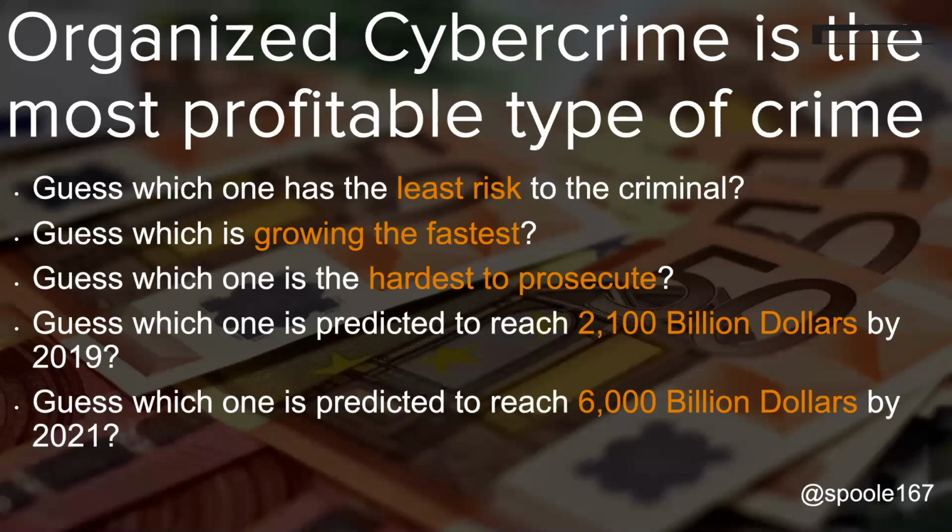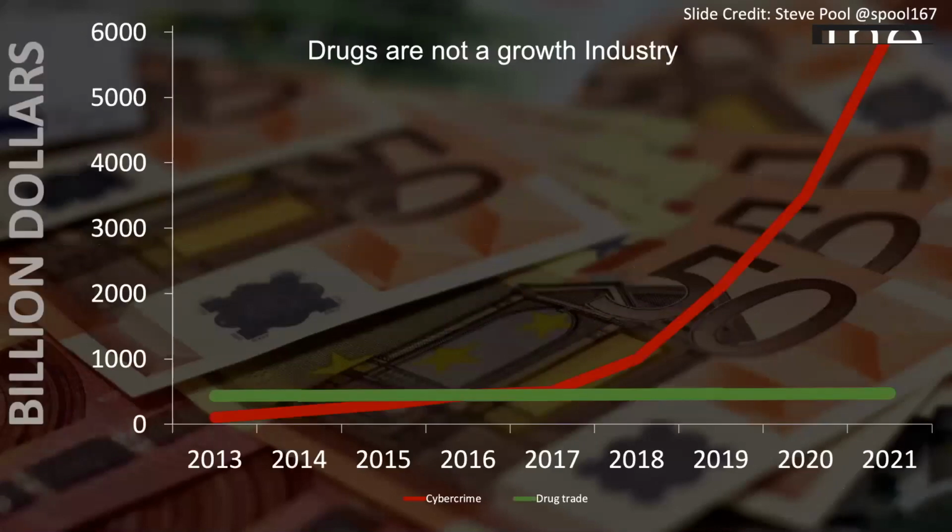The drug trade is not growing, whereas cybercrime is. And there's good reason for that. It's hard to prosecute, it's hard to track down, especially if it's cross-border, and sometimes even state-sponsored, as I'll get to in a moment. But one is growing dramatically, the other isn't, and it's no surprise that it's cybercrime that's growing very quickly, and that means there's more and more money and more attacks, and it's getting more targeted.